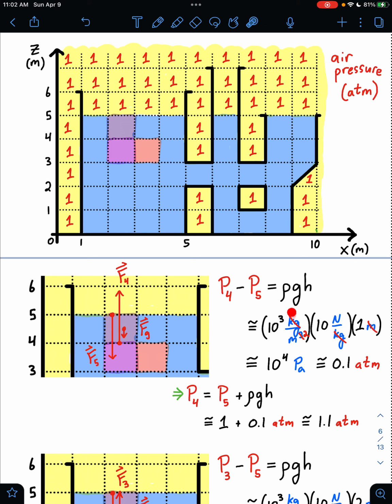So the density of water is about 1,000, well, exactly 1,000 kilograms per cubic meter. So I've already done some canceling of units here. Kilograms cancels kilograms. This meter cancels one of those meters cubed to make meters squared, leaving us with newtons per square meter of pressure. That's the SI unit, which is equivalent to a Pascal. So this is 10 to the 4th, 10,000 pascals, which is equivalent to 1/10 of an atmosphere.